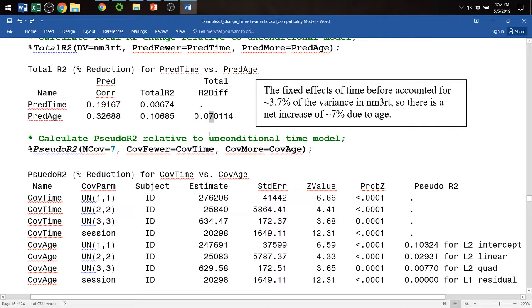So I would say of the total variance in response time, putting it all back together again, 4% is due to changes over time, and an additional 7% is due to age. So this is a complementary piece of information that you can provide in addition to these specific effect sizes that talks sort of on the whole what contribution this variable has to the model.